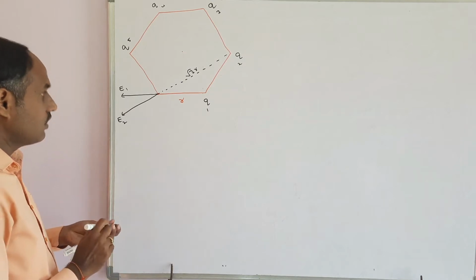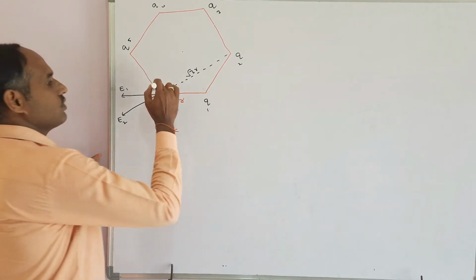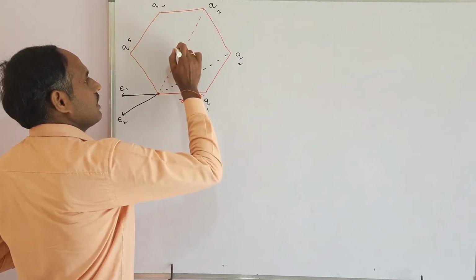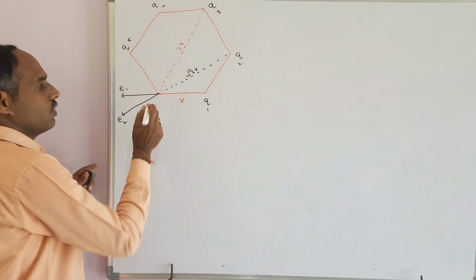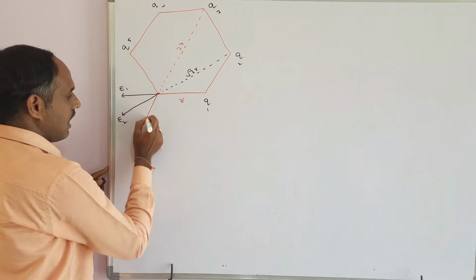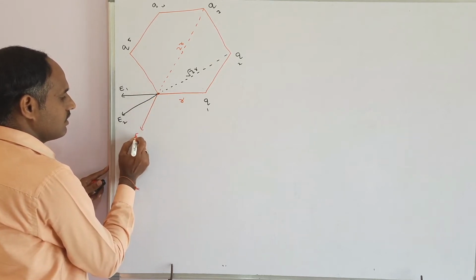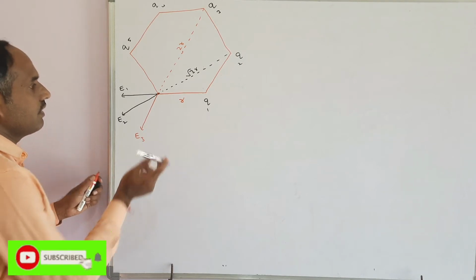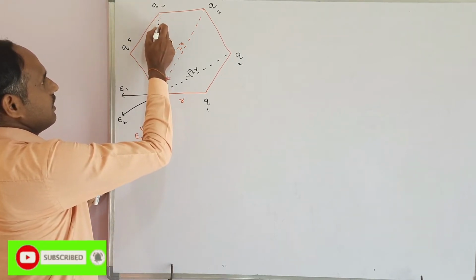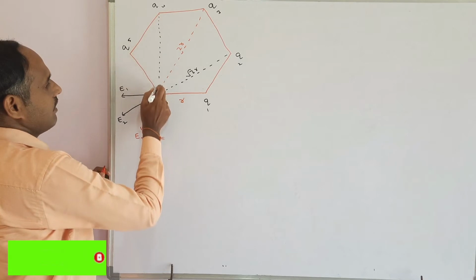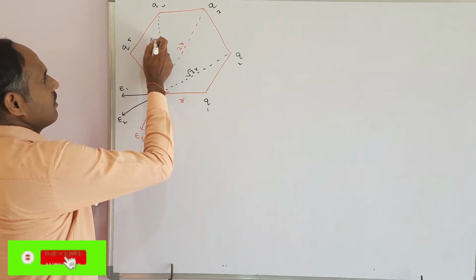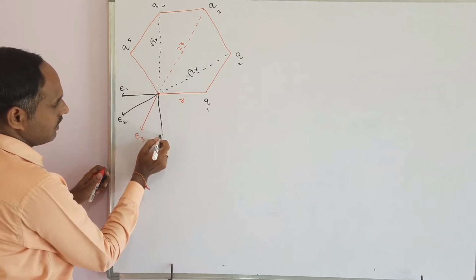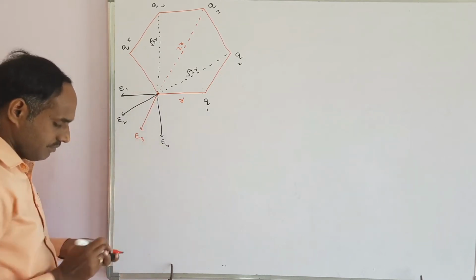Again, due to the third charge particle, the distance from the point to that third charge particle is 2R. So again the field is directed away, and this is E3. Now the fourth charge particle is again at a distance of root 3 R from this point, so due to it the field is away from here, E4.